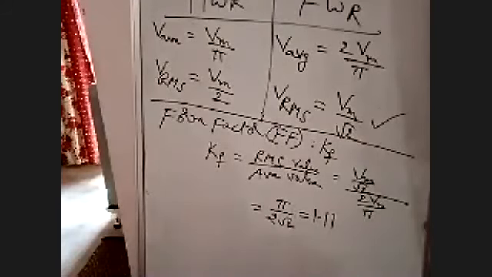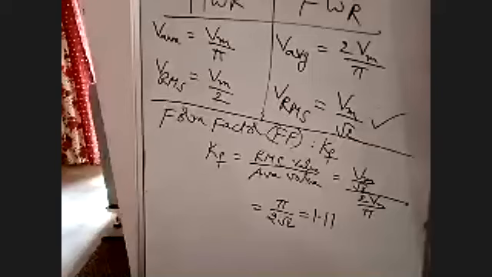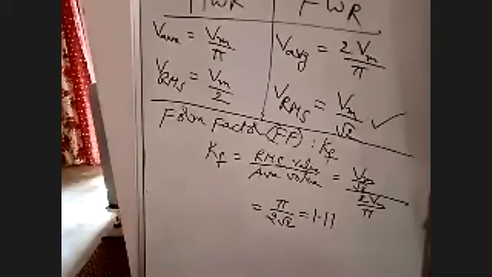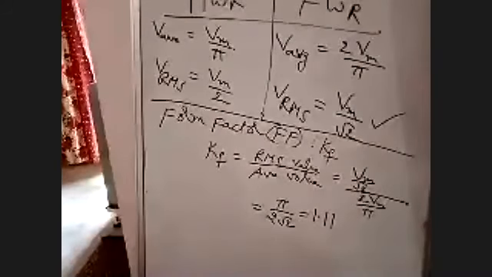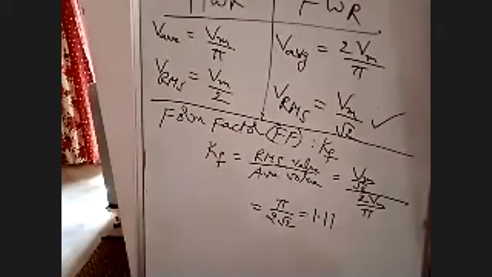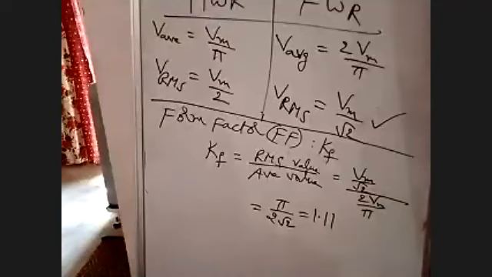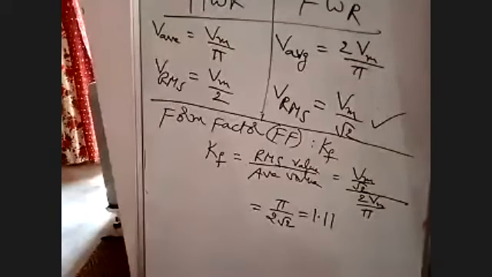Okay, anyway, write down, I will tell. Form factor is represented with Kf, that is equal to RMS value by average value. We substitute the full wave rectifier formulas. The RMS value is Vm by root 2, and the average value is 2 Vm by pi.